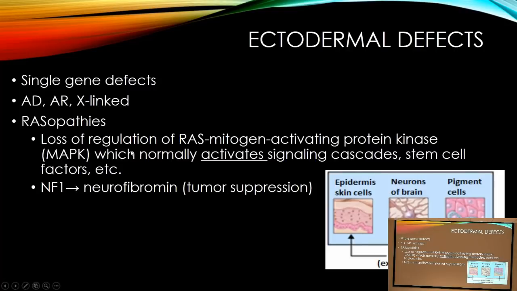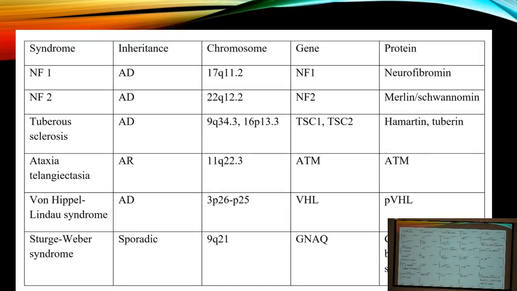And so if you lose that, then you get dysregulation and tumors, and vascular abnormal growth and other things develop. Just as an example, neurofibromatosis type 1 is the most common neurocutaneous disorder. The protein here is neurofibromin, and this acts for tumor suppression through suppression of RAS MAPK. So you lose that, and then you get dysregulation, and so lots of tumors develop.